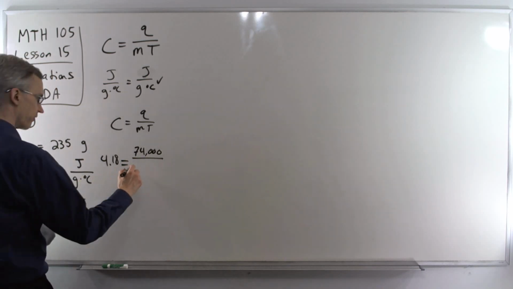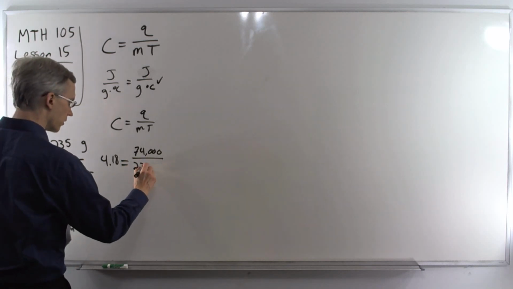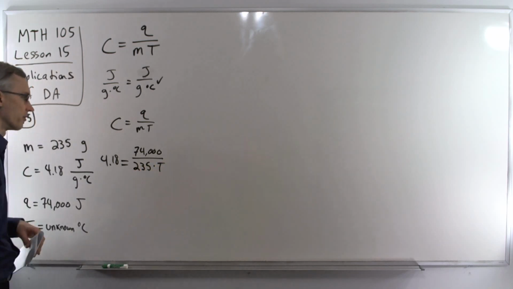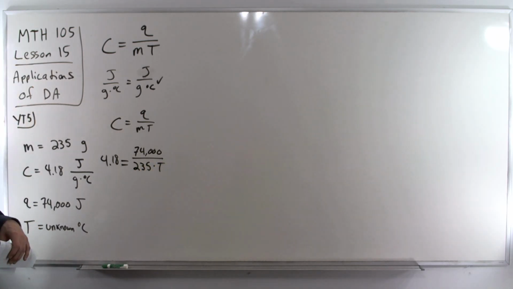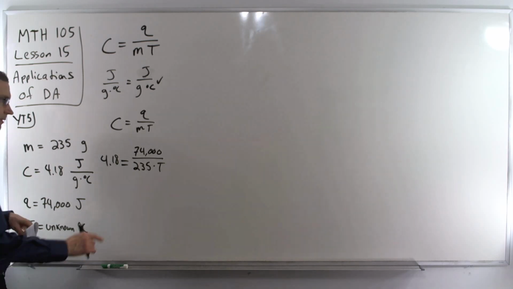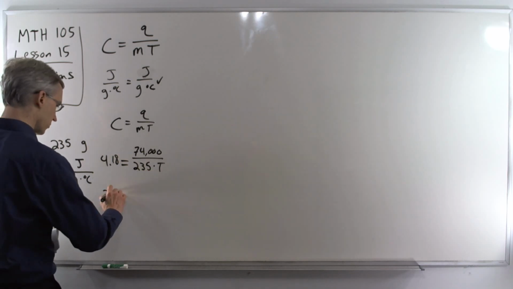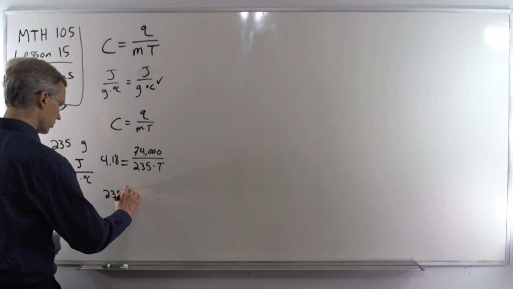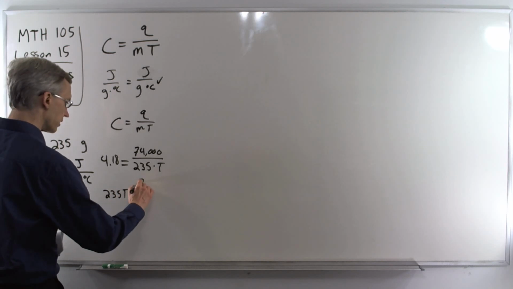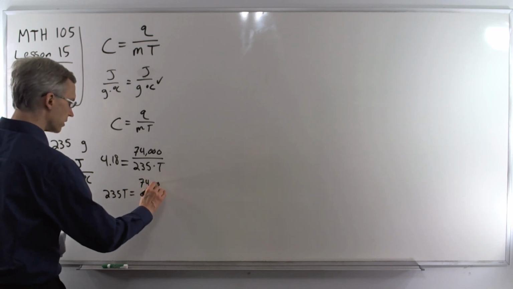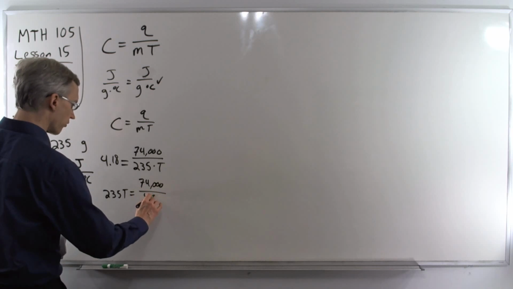M is 235. And T is unknown. All right, so to solve this, kind of a tricky one without the swap trick, but let's go ahead and swap those. 235T equals 74,000 divided by 4.18.